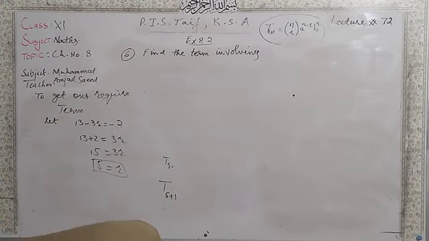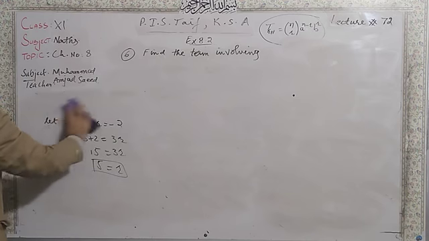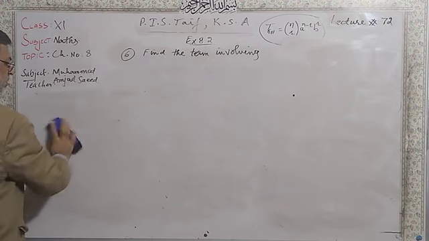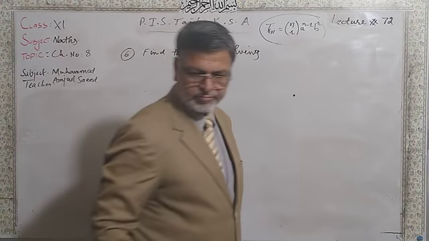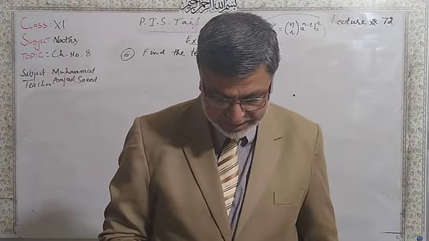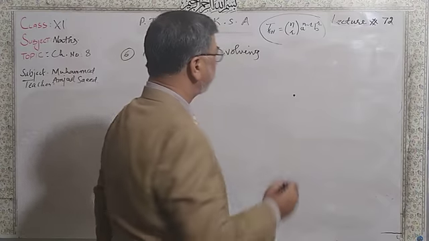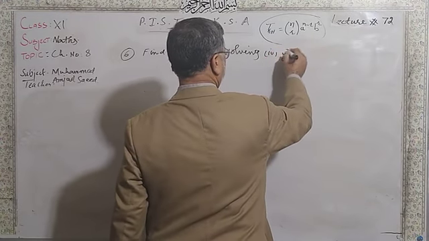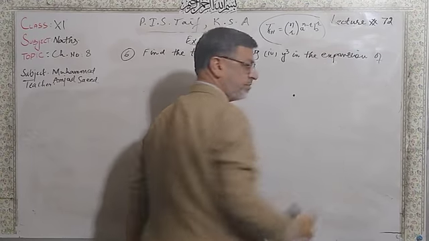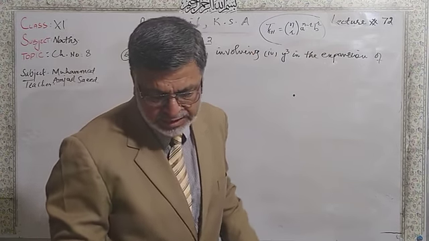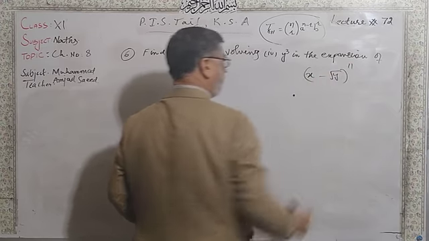Part number 4 is find the term involving y cube in the expansion of x minus y under root, whole power 11.